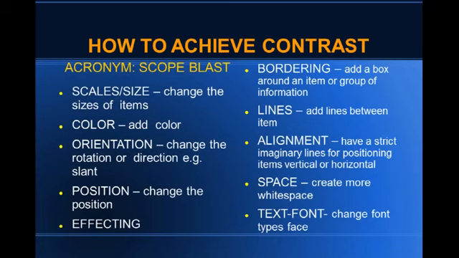2, you can add color. 3, you can change the rotation and or direction of an item. 4, you can change the position of an item. 5, you can apply some effects to an item. 6, you can add a border or a box around an item or group of information. 7, you can add some lines between items. 8, you can use alignment, an imaginary line for positioning items vertically or horizontally.